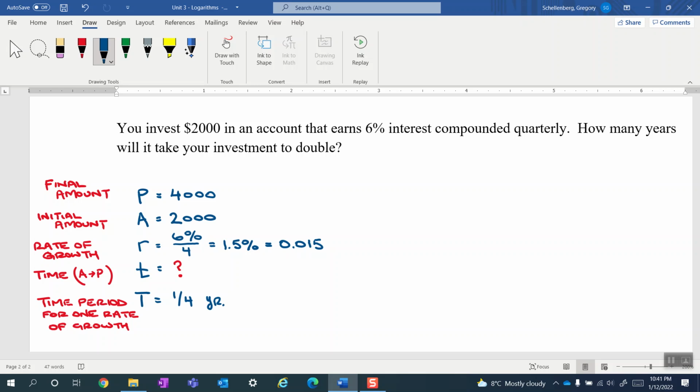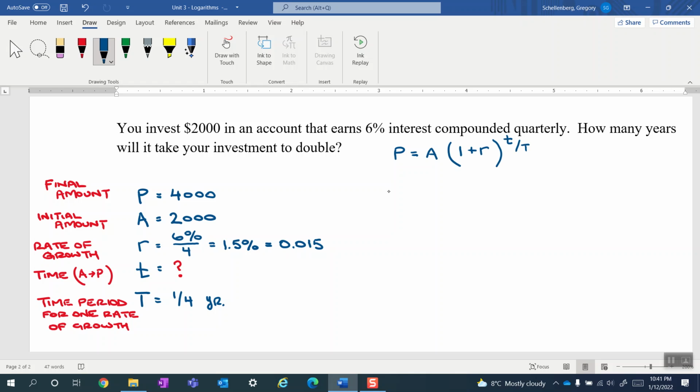Okay, and our formula was this. We've got P, some final amount, is equal to A, some initial amount, times 1 plus R to the power of little t over big T. So we'll plug those values in.